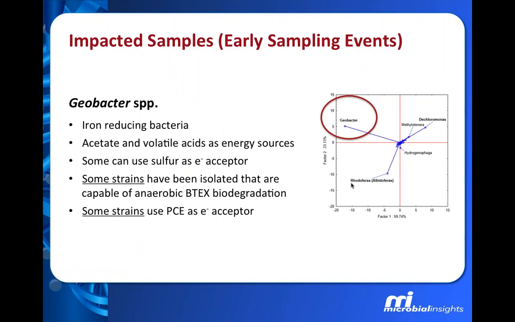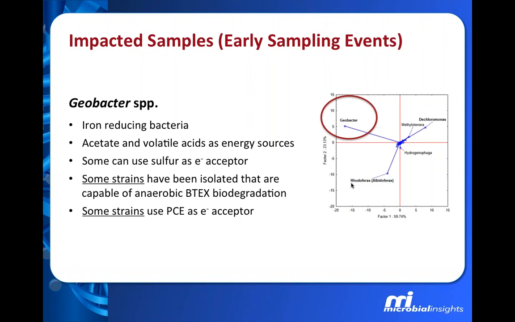Now let's turn our attention to that red cluster of samples from our impacted wells. From the early sampling events, we see that the relative abundance of Geobacter is higher than detected in other samples. And if you remember, I showed you there was a green bar in that hierarchical analysis that was really coming out that seemed to be the differentiating factor. That green bar was Geobacter. So what can we say about Geobacter?